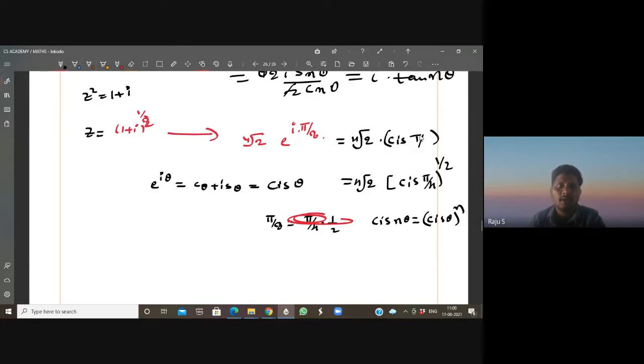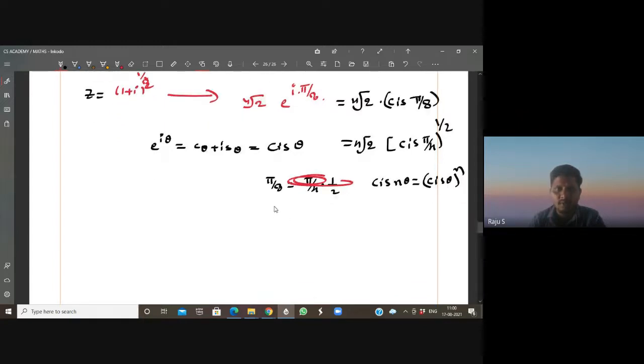Directly I have written pi by 8. To find any value, everyone has to remember that there is a property: cis of theta can be written as a general solution. So the general solution of cos theta, sin theta, tan theta we have written in the same way. Cis theta can be written as cis 2k pi plus theta. Both will be the same.